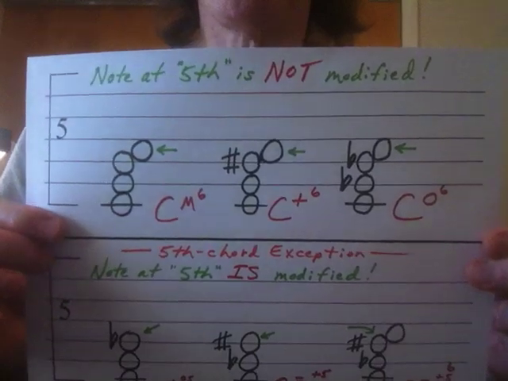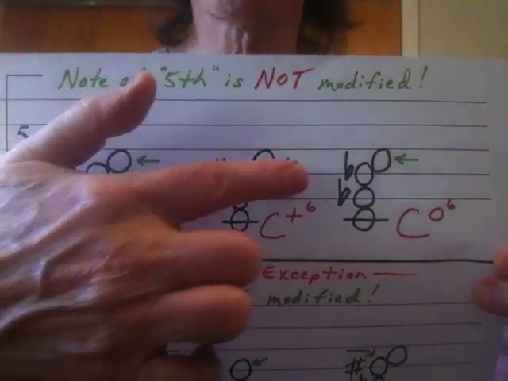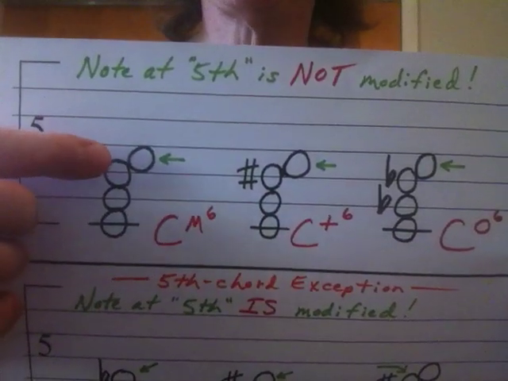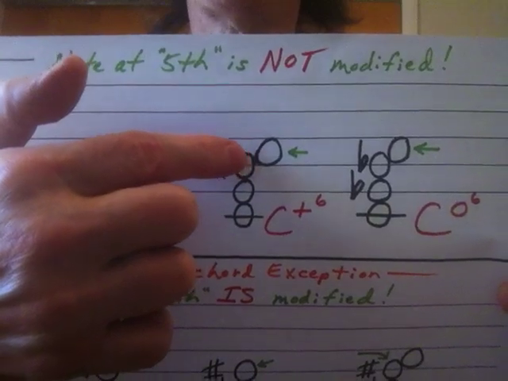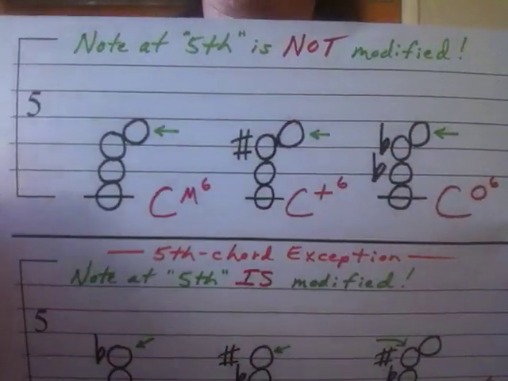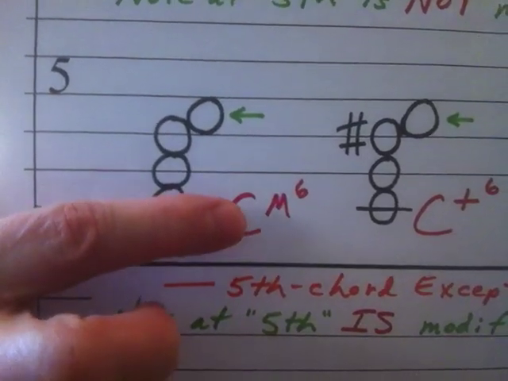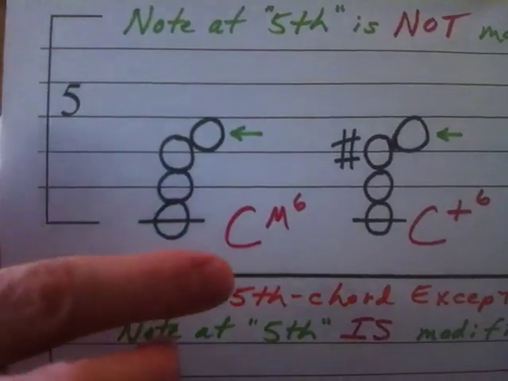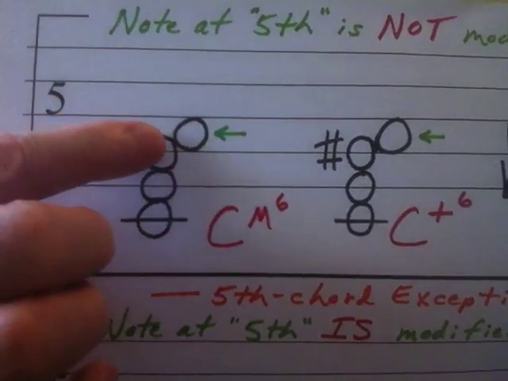This is how we start to learn this. The fifth note in these 3 examples is not modified, but you see, we have an added note in each one of these chords. So in this case, you have a C major bass chord, but you have an added major 6, and that's this right here.